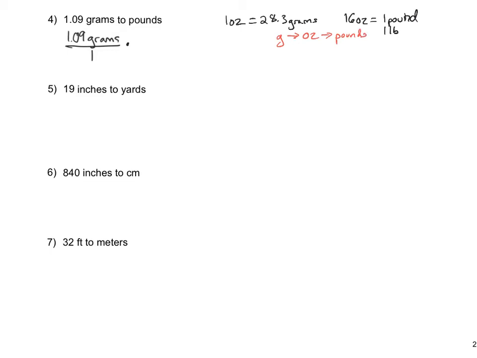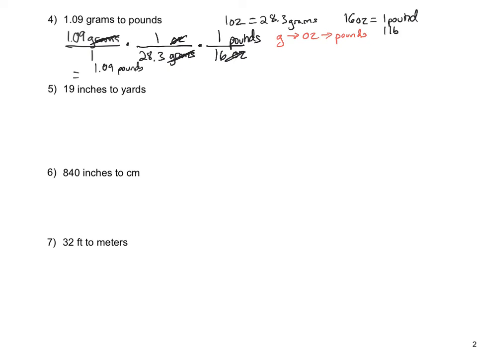And here's how we do it. We first multiply to get grams to cancel, leaving us with ounces. So 28.3 grams is equal to 1 ounce. And now grams cancel. And we now want to go from ounces to pounds. So ounces needs to go in the denominator to cancel. And pounds will be left up here. And there are 16 ounces in 1 pound. Ounces cancel, and we end up with 1.09 times 1 times 1 pounds in the numerator.